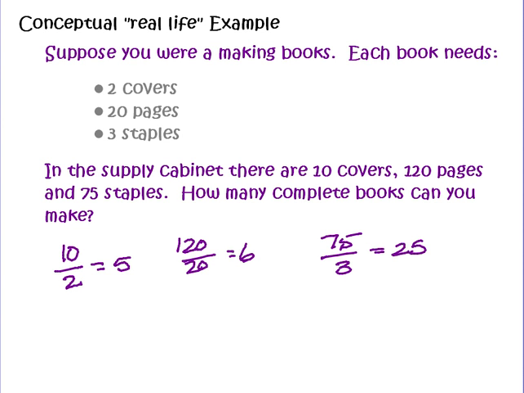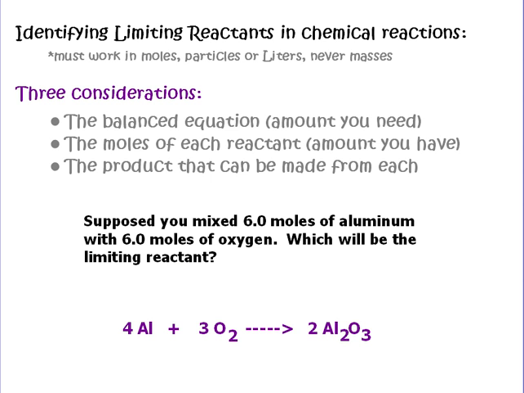How about we put this in terms of chemistry class? Because I know that someone's going to want you to be able to do this with some chemical stuff, huh? So, how do I identify limiting reactants in chemical reactions? Well, we need to consider three things.